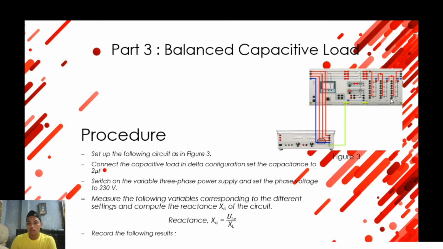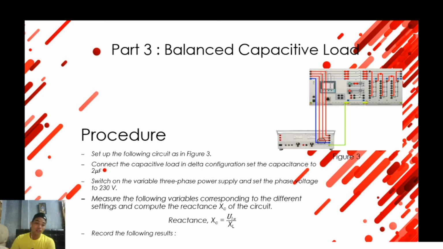The third procedure is to switch on the variable 3-phase power supply and set the phase voltage to 230 volt. You must turn this knob clockwise until you get 230 volt.